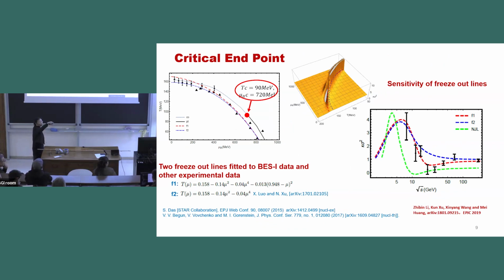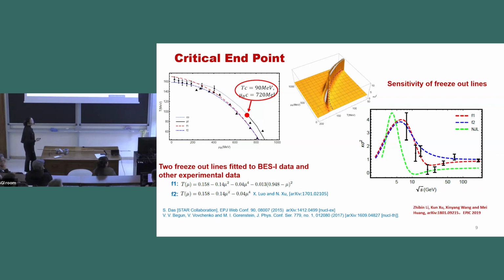So if you have a critical point here, then on the left hand side this part is very negative, and around this critical point it will develop a kind of peak structure. So you would expect such a non-monotonic structure if your observables are along the freeze out line.